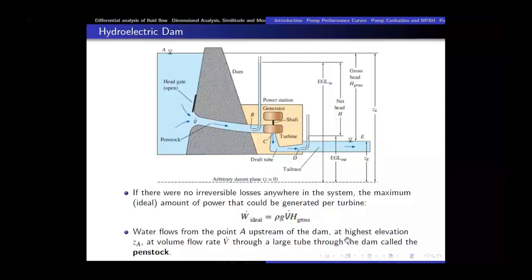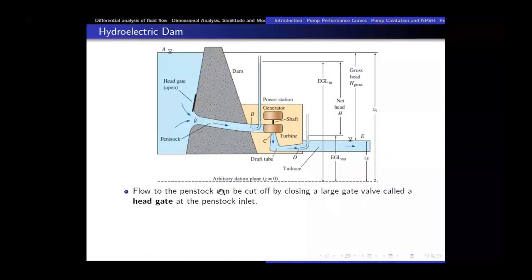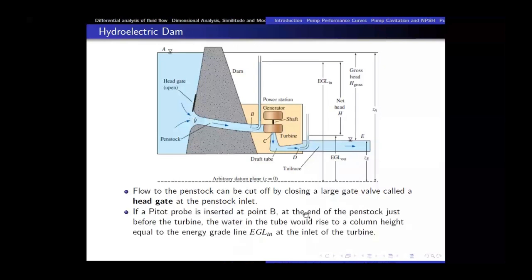So I have explained that if a pitot probe is inserted at point B at the end of the penstock, just before the turbine, the water in the tube would rise to a column height equal to the energy grade line. Energy grade line and hydraulic grade line, those are the basic concepts from chapter number 3 or 4 in your FM1.